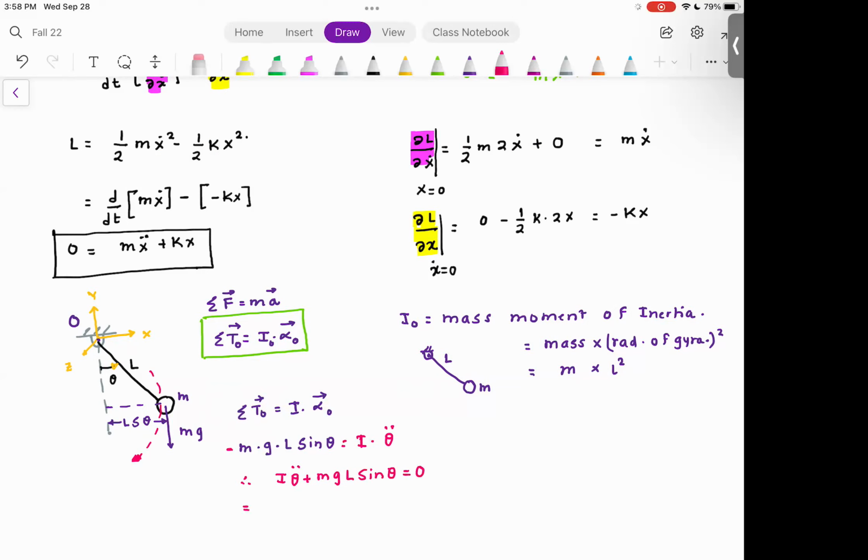Now I, as we know, is M times L squared, so M L squared theta double dot plus M G L sine theta is equal to 0. I can divide both sides by L squared and M. So I get the expression theta double dot plus G over L sine theta is equal to 0. Do you agree with me?